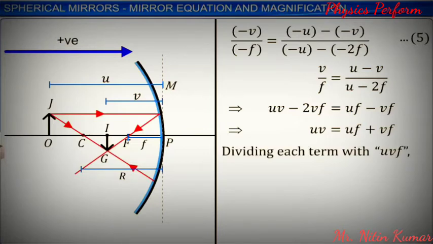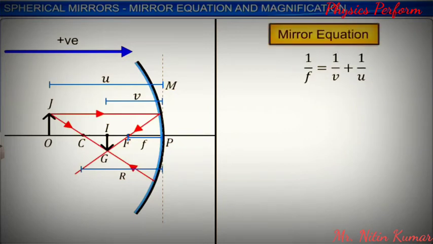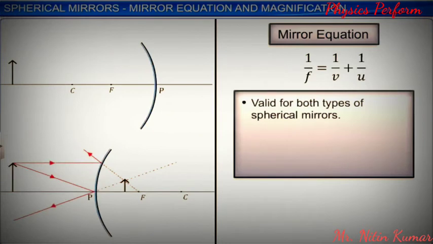Dividing each term of this equation with UVF, we get 1 by F is equal to 1 by V plus 1 by U. This is known as the mirror equation. This equation is valid for both types of spherical mirrors and is applicable to all positions of the object.